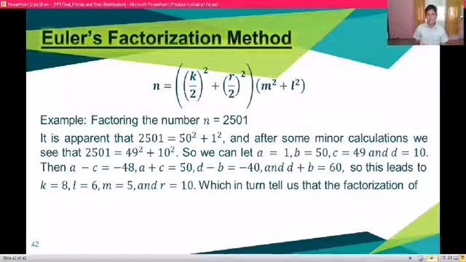A minus C is equal to negative 48. And then we have D minus B is equal to negative 40. So, kung kwaon na to ang ilang GCD, ang GCD sa negative 48 and negative 40 kay 8. Okay? And then, we know that K is equal to the GCD of A minus C and D minus B. Therefore, our K is equal to 8.